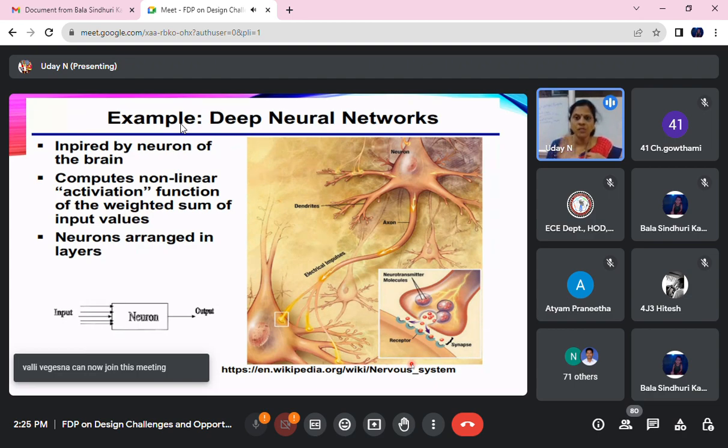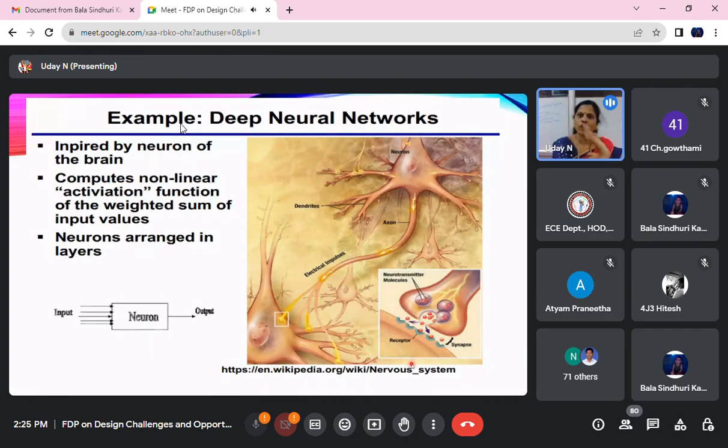Our human brain is divided into a number of cortices. A cortex is a sector. So we have the audio cortex to understand audio signals. We have the visual cortex to see something, and not just to see, but to understand what we see.